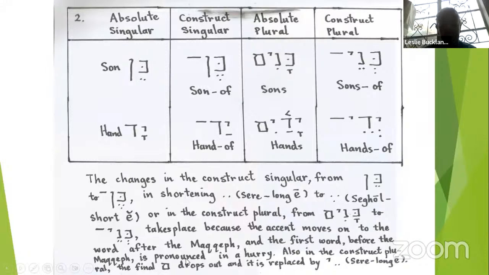Also in the construct plural, the final mem drops out and it is replaced by long sire, the long e sound.